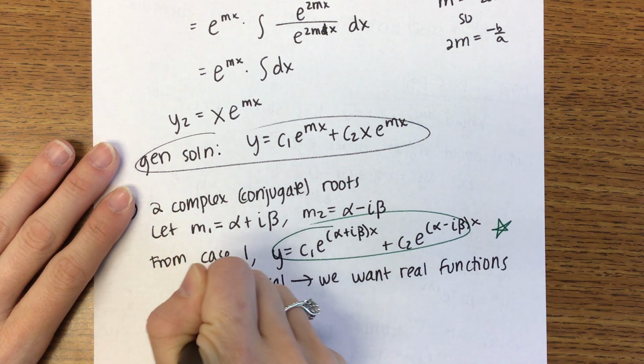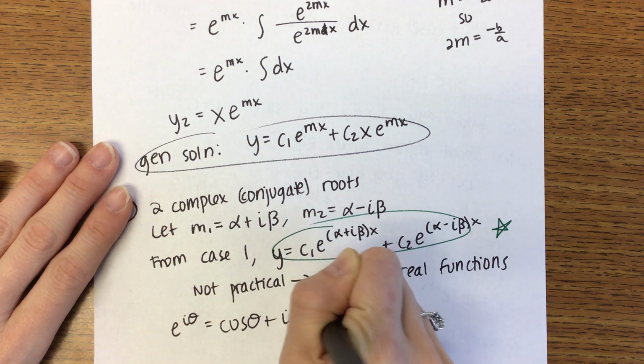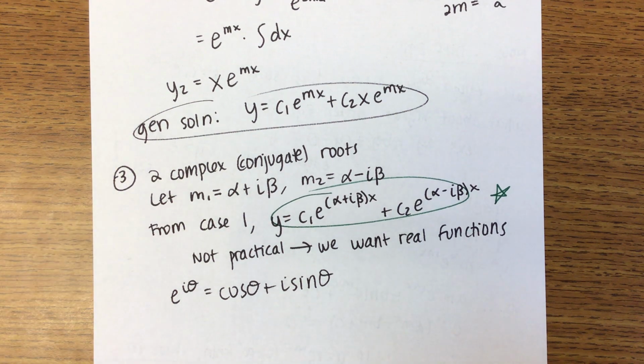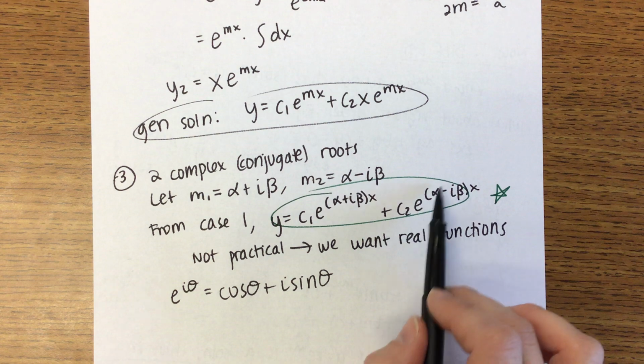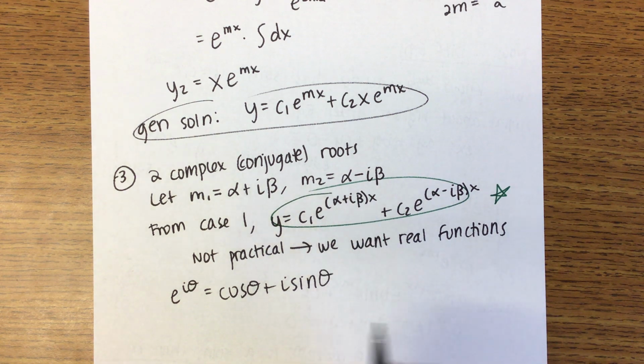e to the i theta, we said, was equal to cosine of theta plus i times sine of theta. That was Euler's formula. So we're going to see if that helps us at all with the imaginary parts here. So here that e to the alpha x, that's fine. Here the e to the alpha x, that's fine. The e to the i times beta x is our issue.